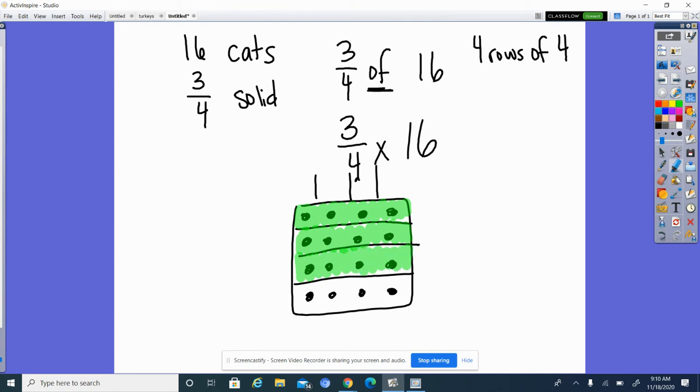So 3/4 of 16, how many of those cats have a solid color? 12? 1, 2, 3, 4, 5, 6, 7, 8, 9, 10, 11, 12. So 3/4 times 16 equals what? 12.